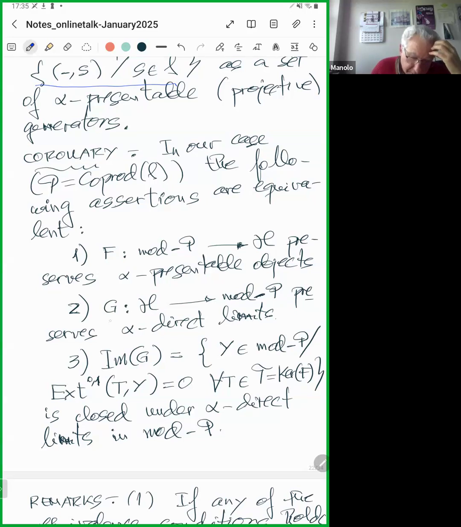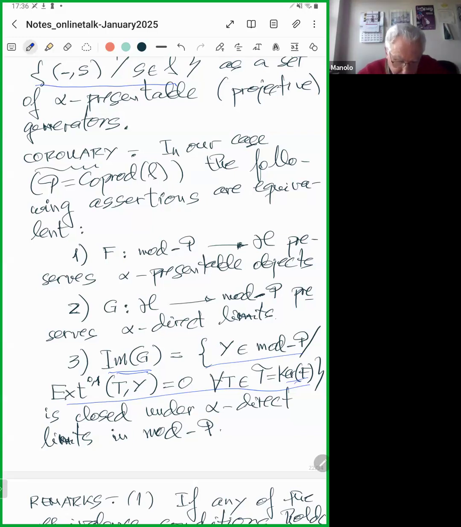But because G is fully faithful, this is equivalent to saying that the essential image of G, that because of Gabriel localization techniques is exactly this subcategory, consisting of the P modules such that Ext 0 and 1 from any object in T, the kernel of F, vanish. This is equivalent to saying that this subcategory is closed under alpha direct limits.